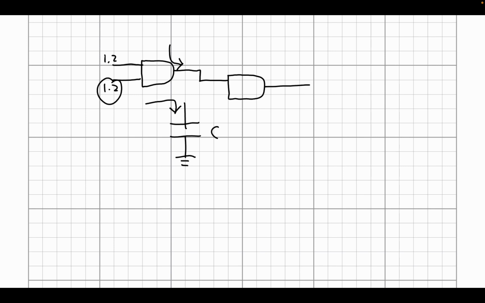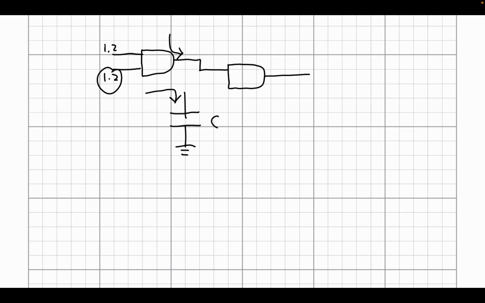And if we look at the characteristic equation for a capacitor, it's that the charge is the capacitance times the voltage, right? So as current flows into the capacitor, this charge is going to increase. And the capacitance is just a constant, and so that's going to cause the voltage to increase. And this is how we're eventually going to get up to 1.2 volts on this input, which is going to drive the next logic gate.